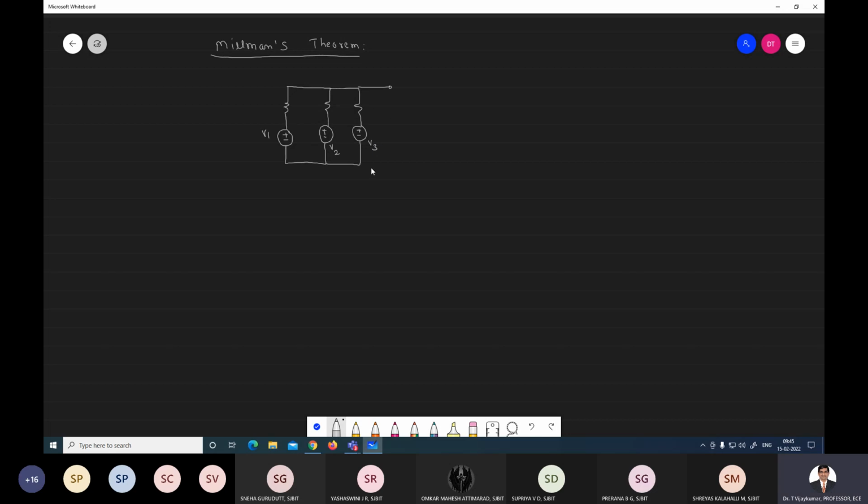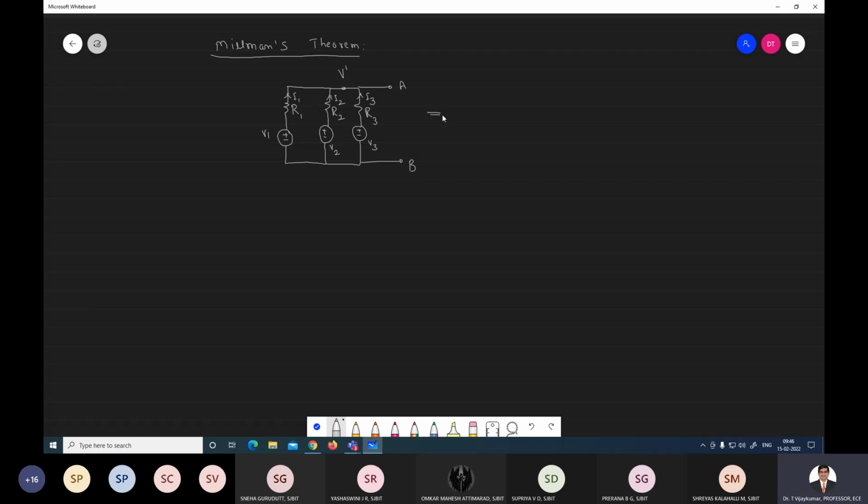These are connected in parallel. We can take the terminals as AB, and the node we can name V dash. This resistance is R1, this is R2, and this is R3. The currents are I1, I2, and I3.